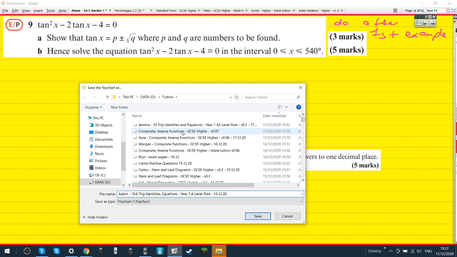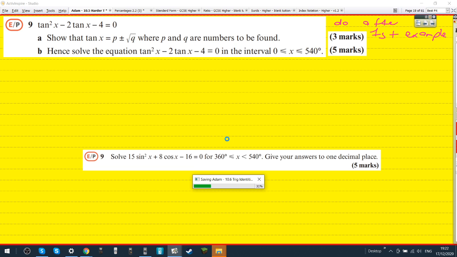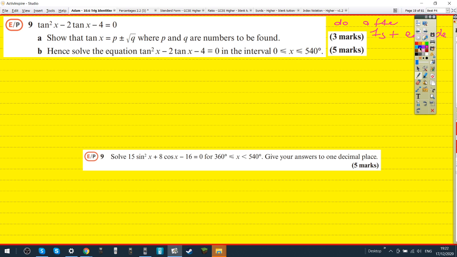A is tan x, so you shouldn't have tan or x. You shouldn't have any x. Oh, just a squared minus 2. What's tan? A. Yep. Minus 4 equals 0. And then could you put that into the calculator?